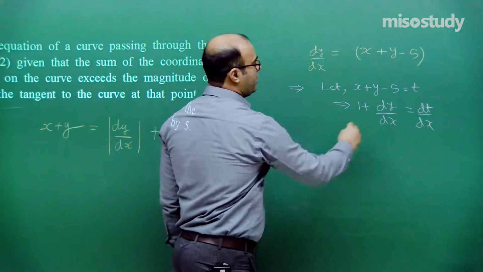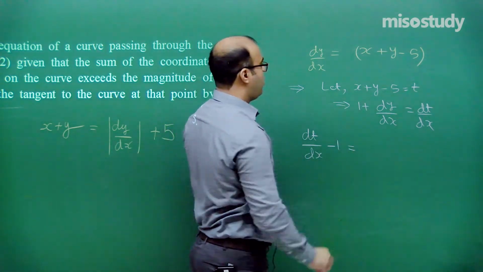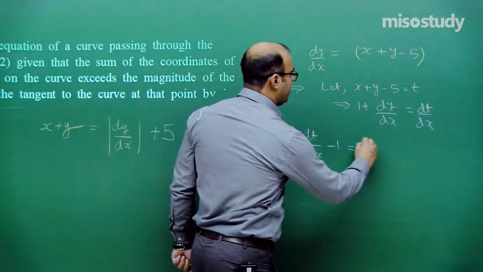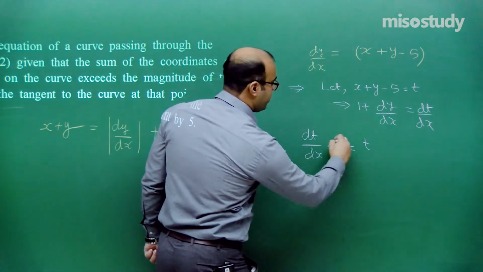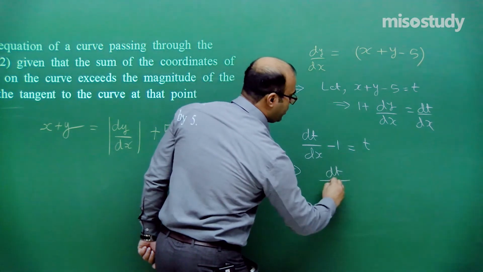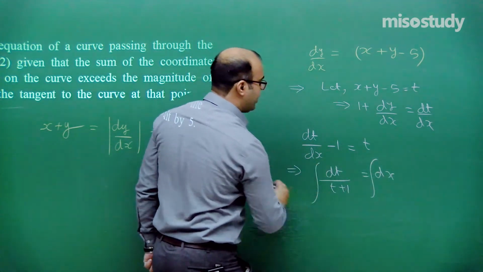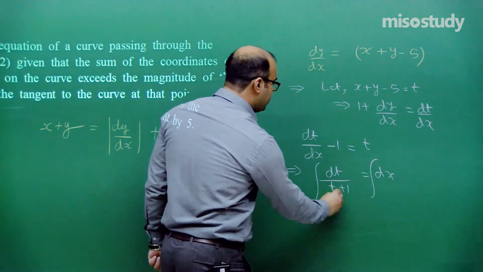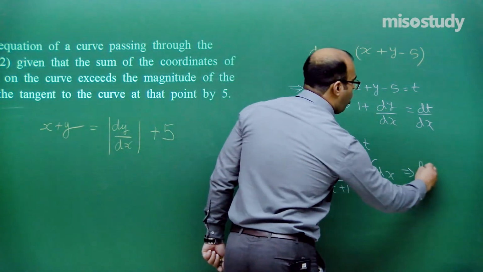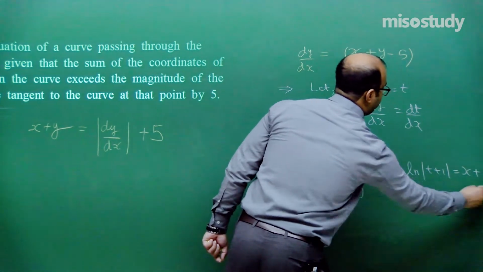So this dy by dx will be written as dt by dx minus 1, and x plus y minus 5 will be t. So we will say this on the right hand side, t plus 1, take in the denominator, so dt by (t plus 1), and dx will go on the right hand side like this. Integrate both the sides. So when we integrate this, we will get log of mod of (t plus 1) is equal to x plus constant.